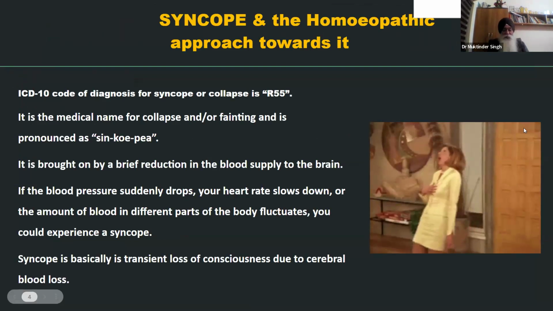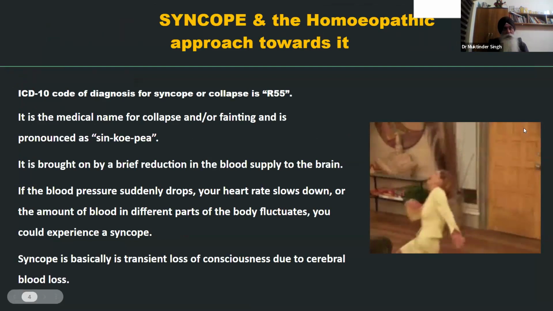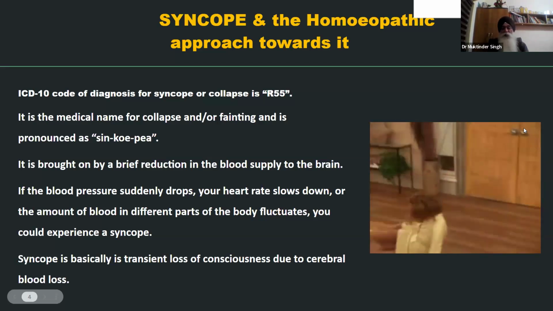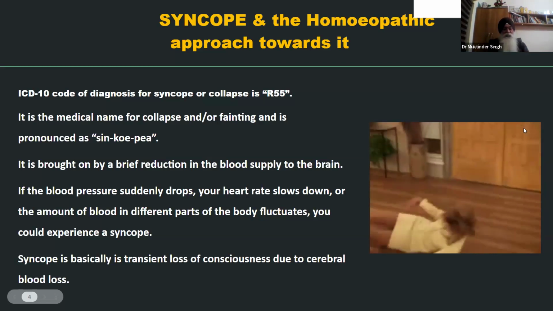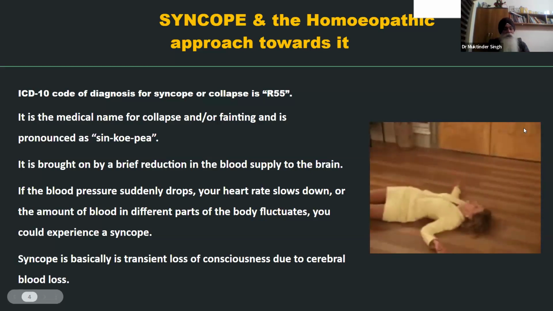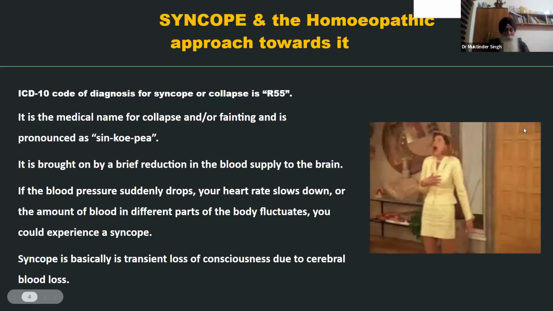These days, as we are talking about inclusion of homeopathy into the insurance sector, so that the patient should get the claim, we need the International Classification of Diseases, ICD-10. The diagnosis for syncope or collapse is R55. When you write this diagnosis, only then can the bill be claimed.